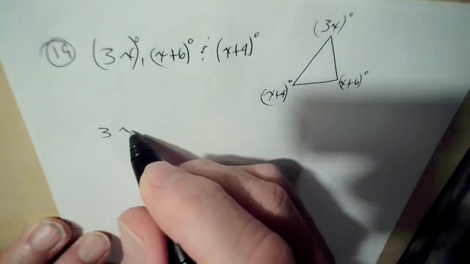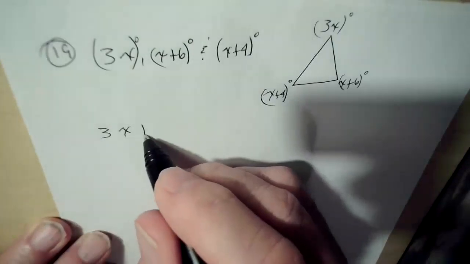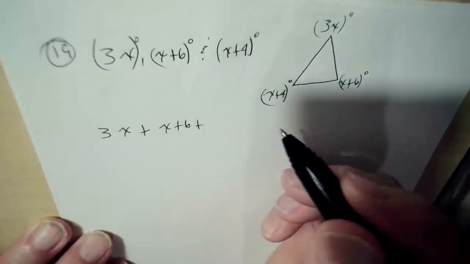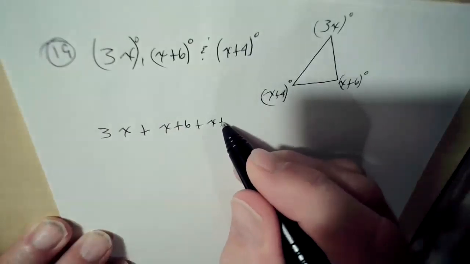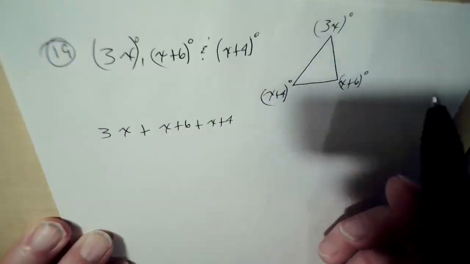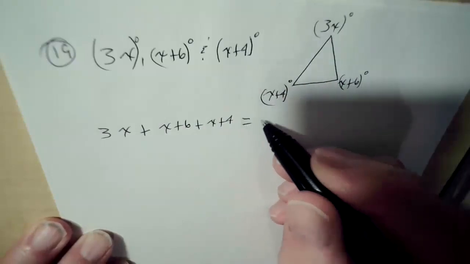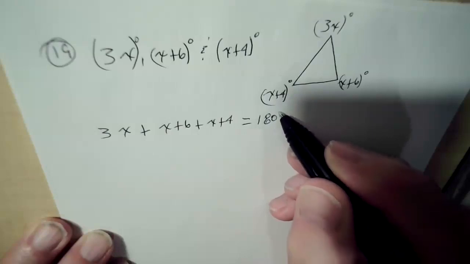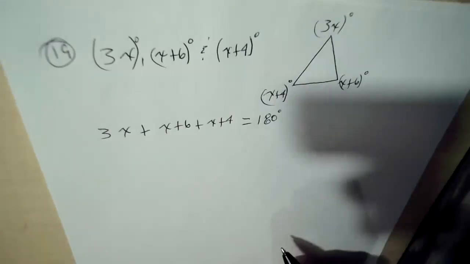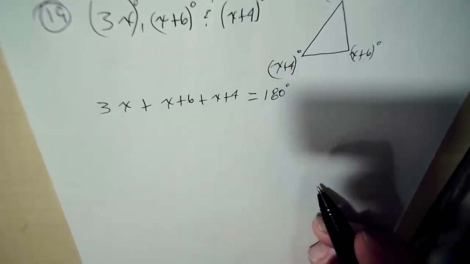So we just take each one of these angles, 3x plus x plus 6 plus x plus 4. We add them up and they're going to add up to 180 degrees. Now we combine like terms.